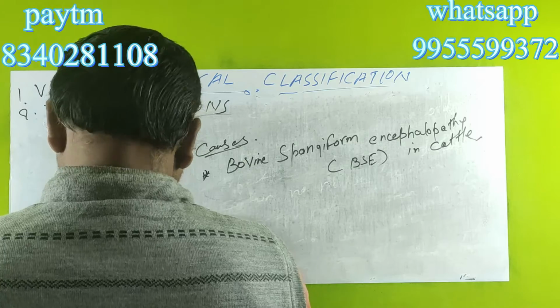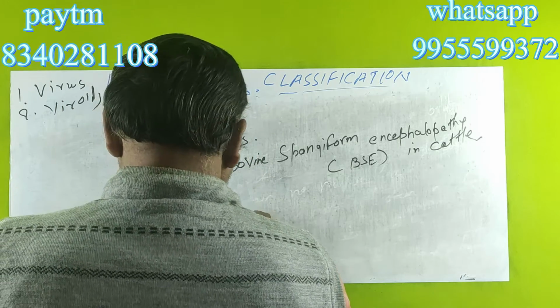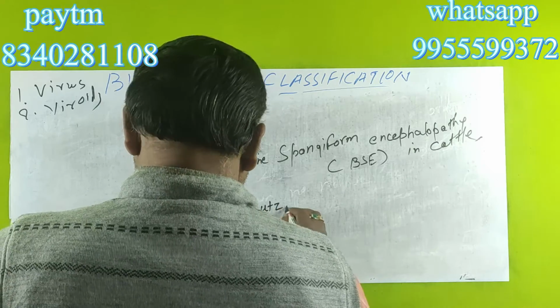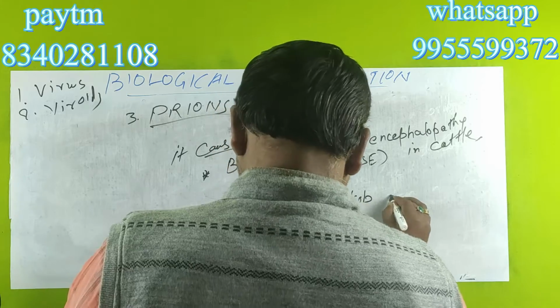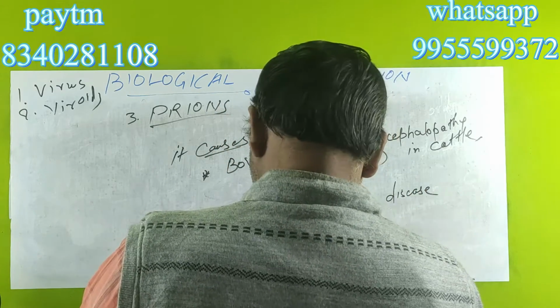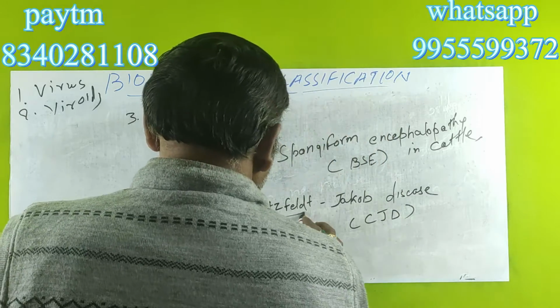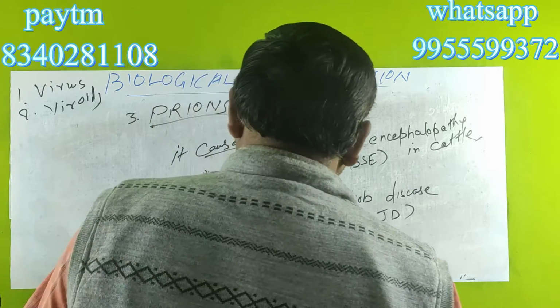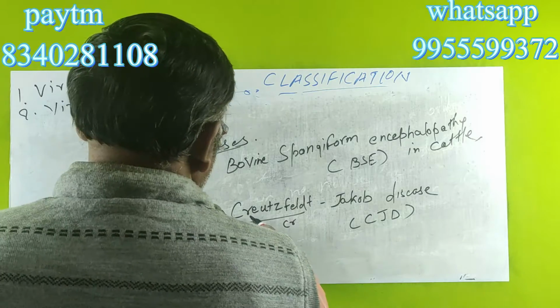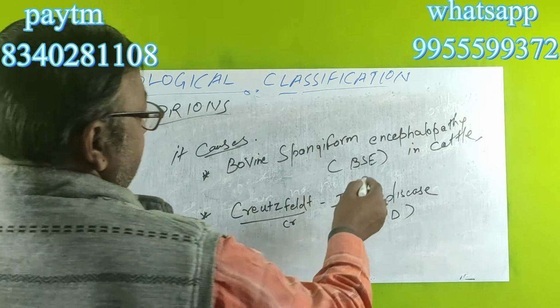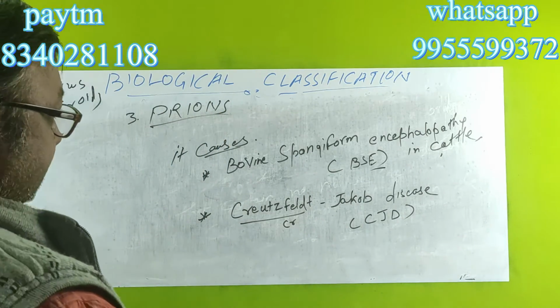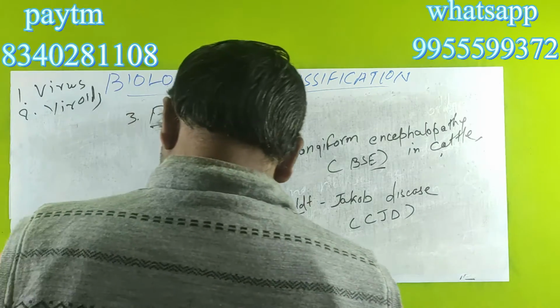And another is Creutzfeldt-Jakob disease, commonly called CJD. So what prions cause: the disease names are bovine spongiform encephalopathy, that is BSE in short, in cattle, and Creutzfeldt-Jakob disease, that is CJD.